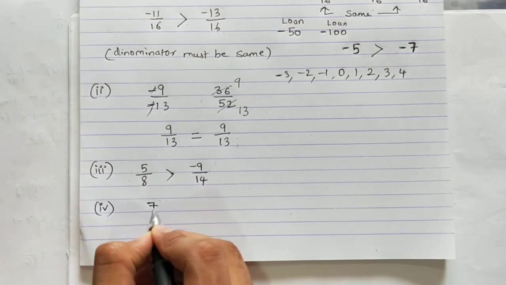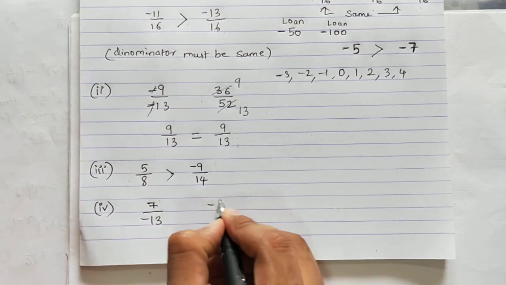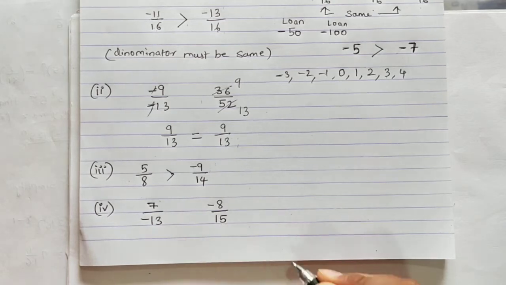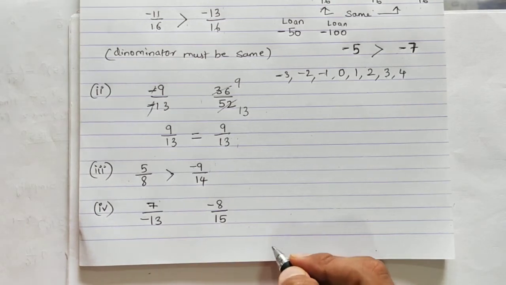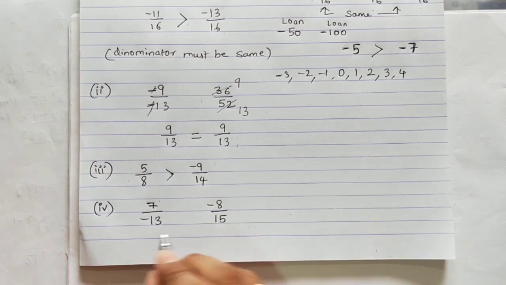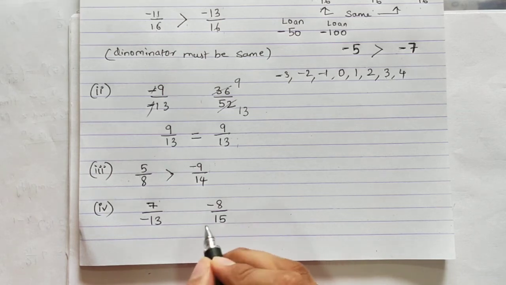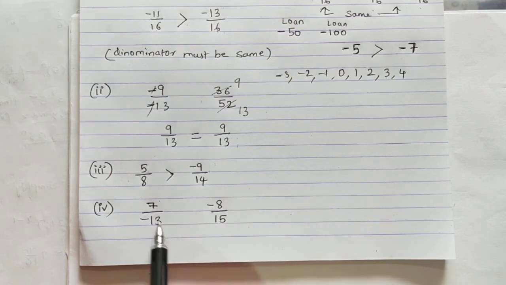D is 7 upon -13 and -8 upon 15. Okay, so now I have to compare them. I'll give you a trick. If the denominator is not same, then how to compare these two numbers?